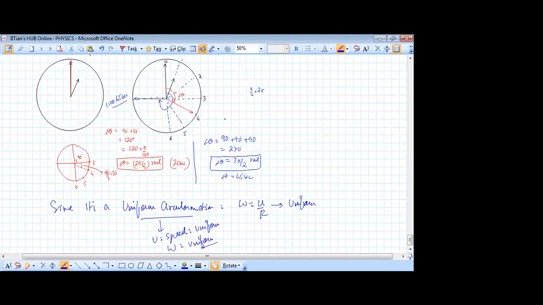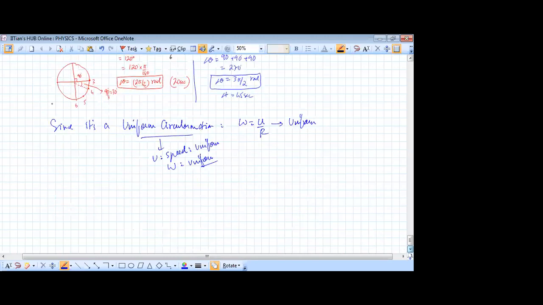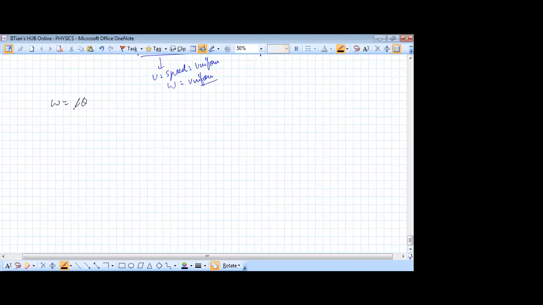And that angular speed we can calculate now this way, whichever of the two we can use. That angular speed is delta theta by delta t. So it was 2 pi by 3 in 20 seconds, or the same thing as 3 pi by 2 in 45 seconds, or the same thing as it completes one full cycle in 60 seconds, because we know that the time period is 60 seconds for the seconds hand.